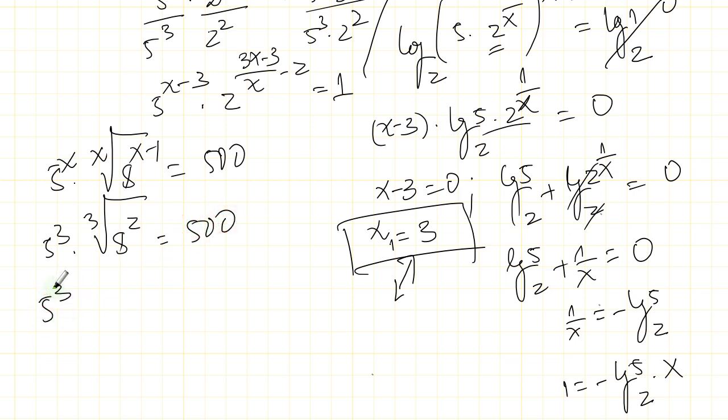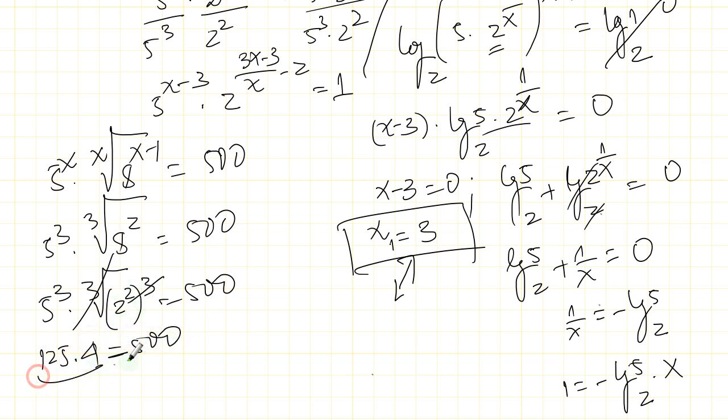And then we have 5 to the 3, and this can be written as the cubic root of 2 to the power of 2, to the power of 3. So this is 5 cubed times 4, and if we multiply this, we're going to have 500 equals 500.